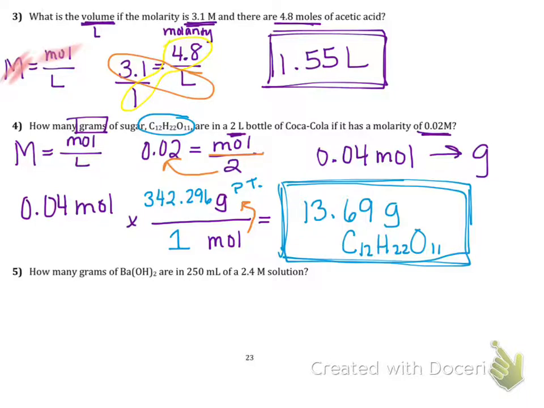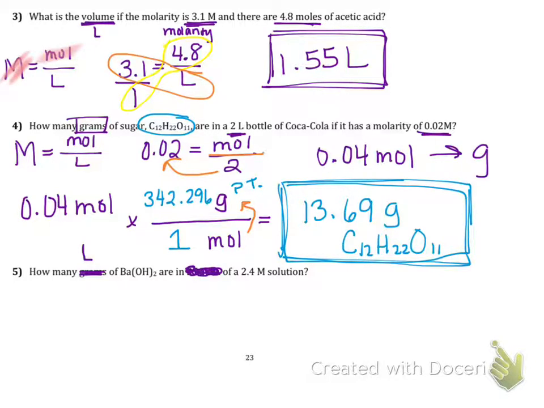Okay, last problem. Okay, I am going to change up this problem so we can get a different variety of problems. So let's do how many, we're going to cross this out, how many liters, so we're going to look for liters, are in, and we're going to ignore this number here.